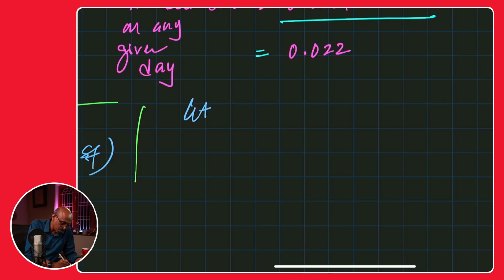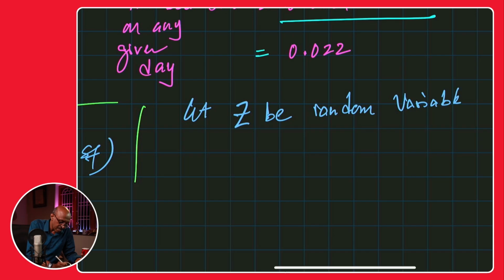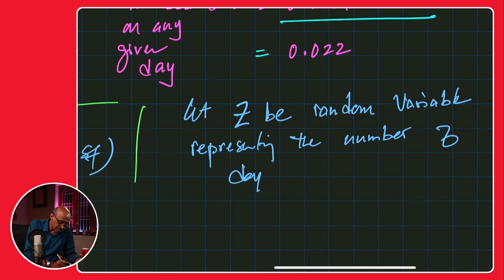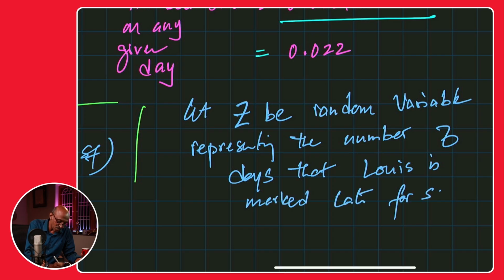So let's define a new variable. We already used Y, right? X is gone, Y is gone. Let Z be the random variable representing the number of days that Louis is marked late for school.